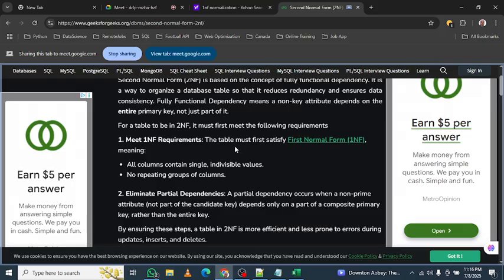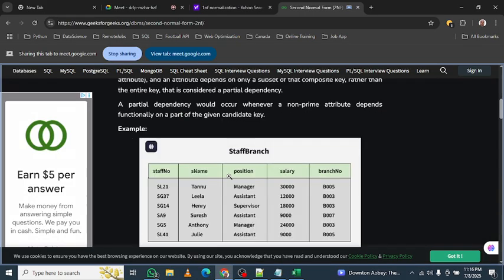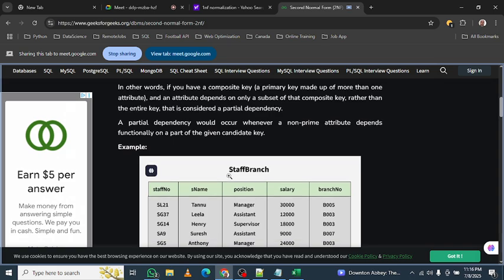The table must satisfy the first normal form. All columns contain single indivisible values. No repeating groups of columns. No repetitions of columns. And if you look at this, it's also using another example.